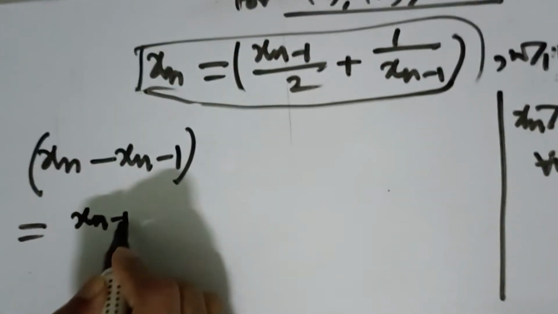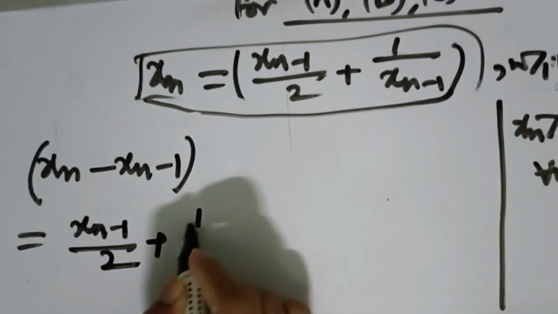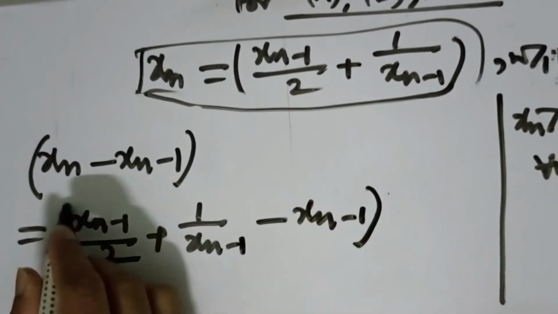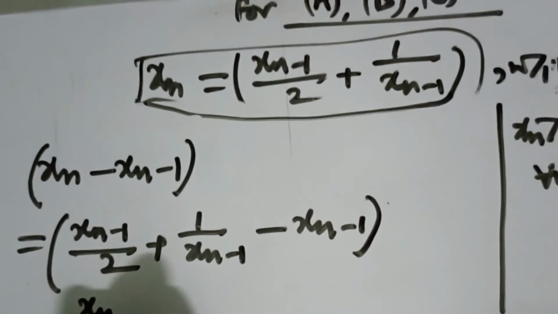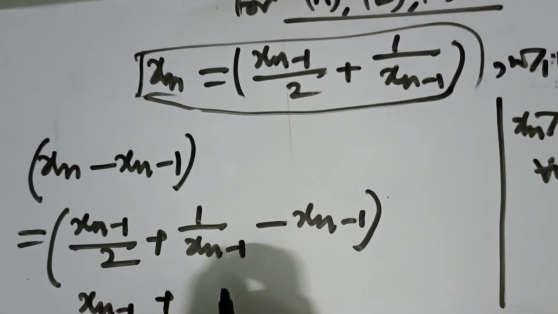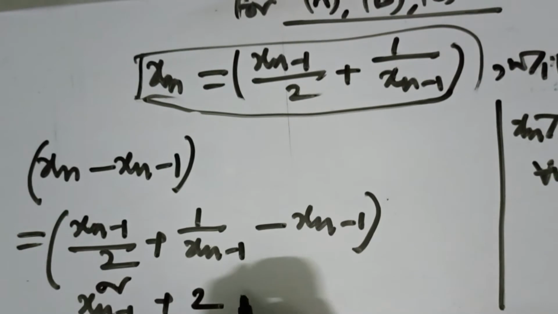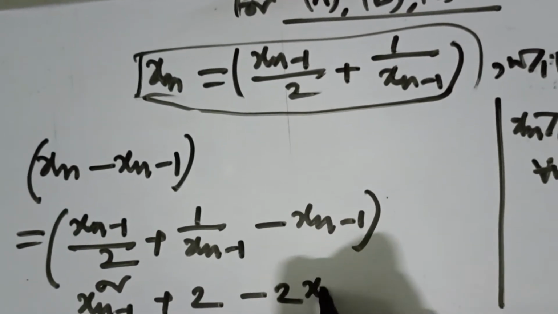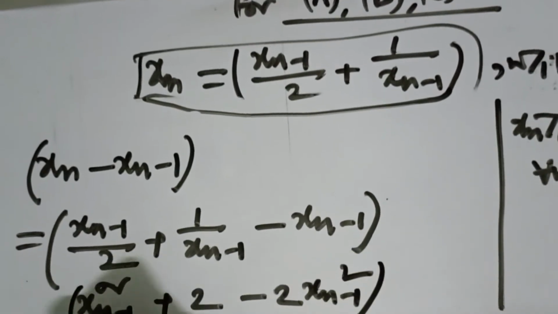What is this? xn is xn minus 1 by 2 plus 1 upon xn minus 1, minus xn minus 1. So you get xn minus 1 squared plus 2 minus 2 xn minus 1 squared, upon 2 xn minus 1.